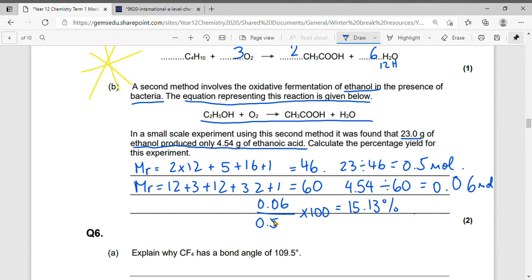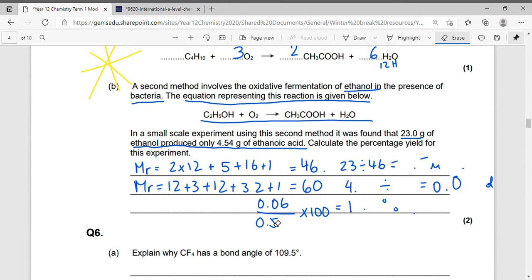Percentage yield is grams over total grams times 100. So essentially what we did is not worth 2 marks.